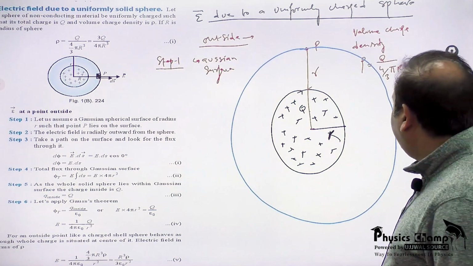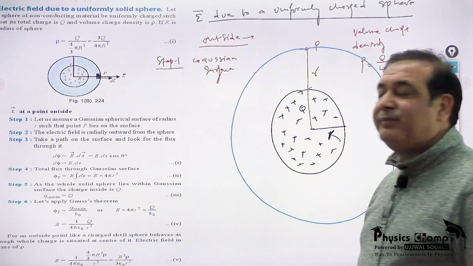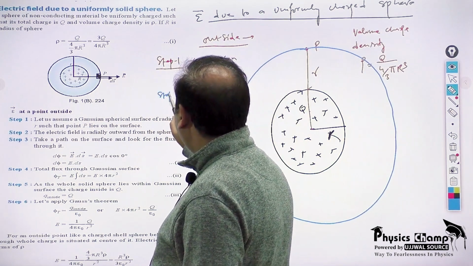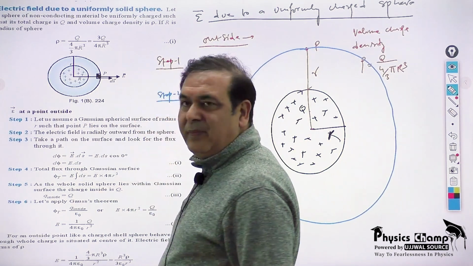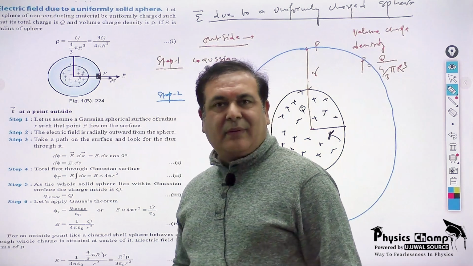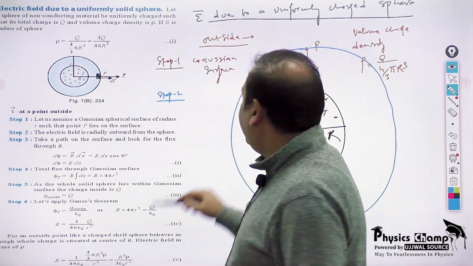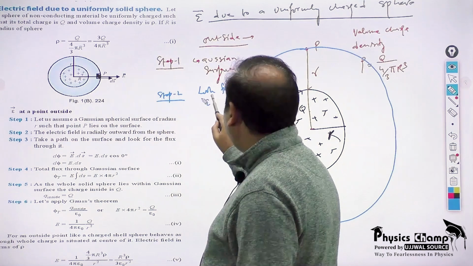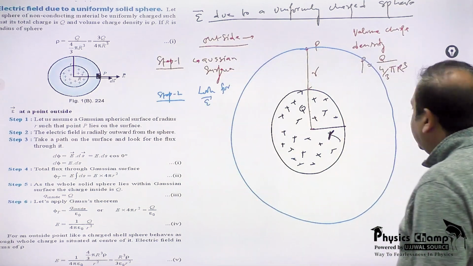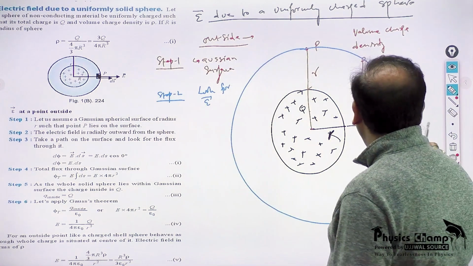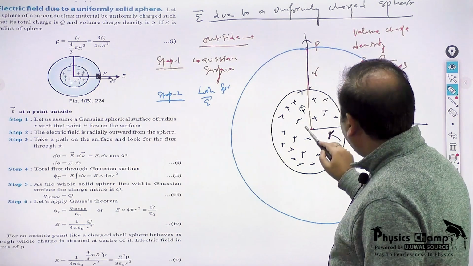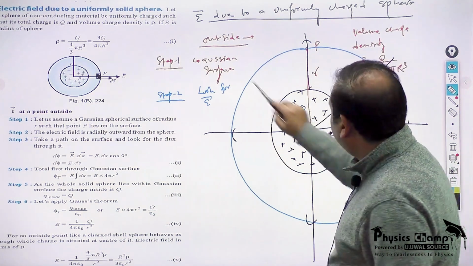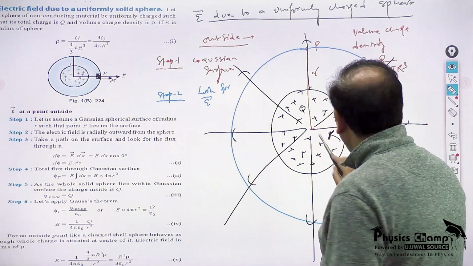Step 2, point P lies on it, and there we look for the direction of electric field. So due to this positive charge, yes, the electric field would be radially outward.